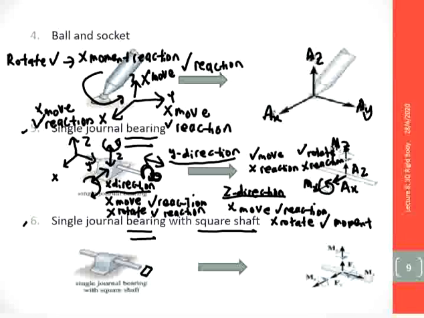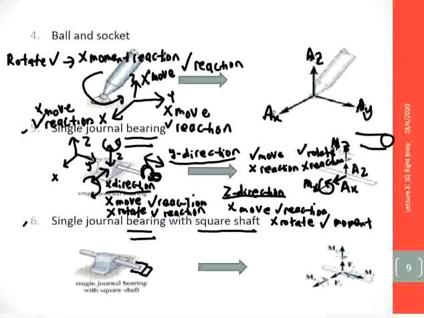This one is for the single journal bearing with circular cross section. How about the single journal bearing with square shaft? This means the shaft has a square cross section.